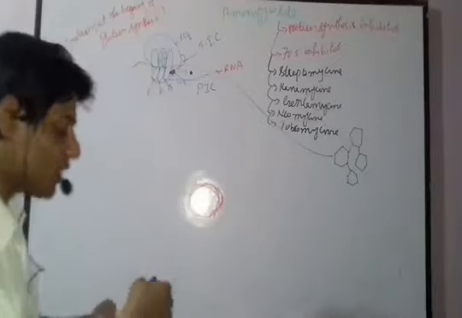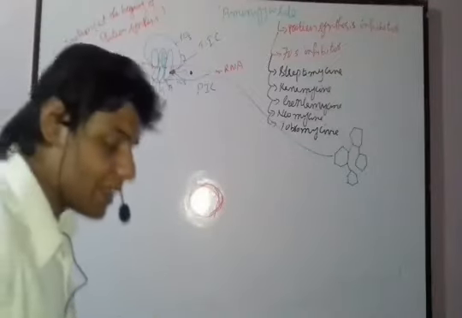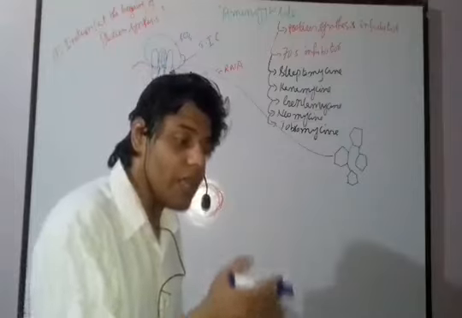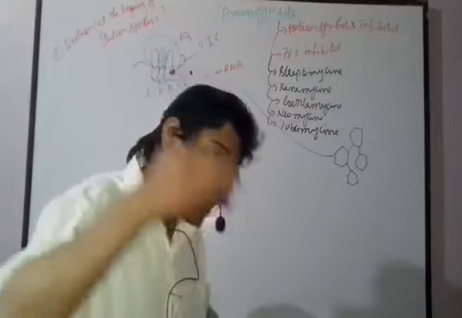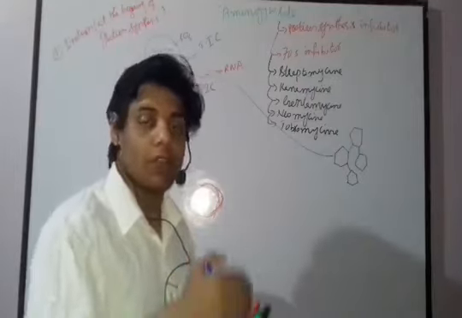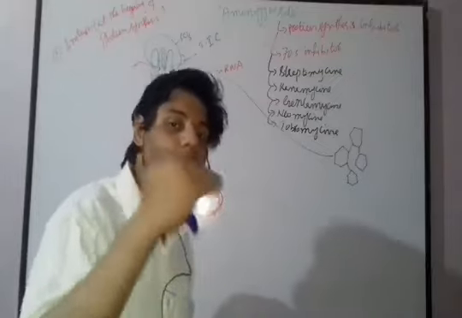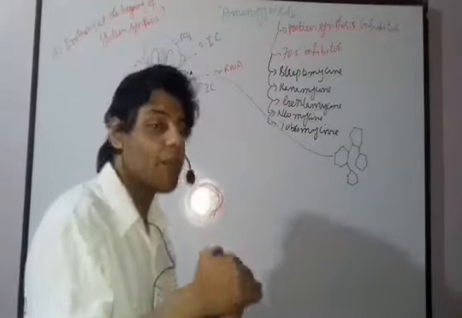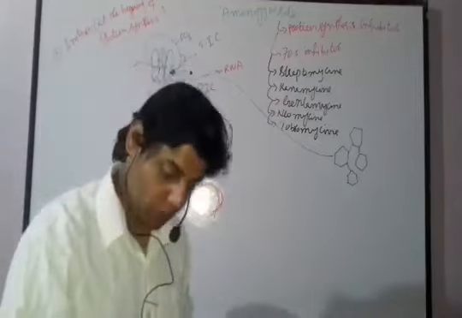The second mode of action of these drugs is that they can perform their mode of action at the end of the protein. When the protein is synthesized, then at the end, these drugs will perform their mechanism of action.